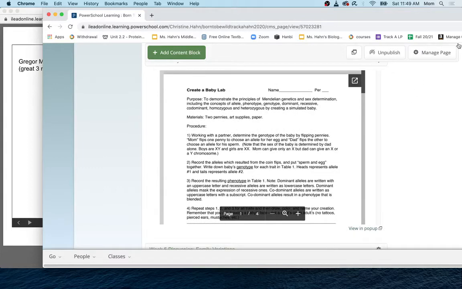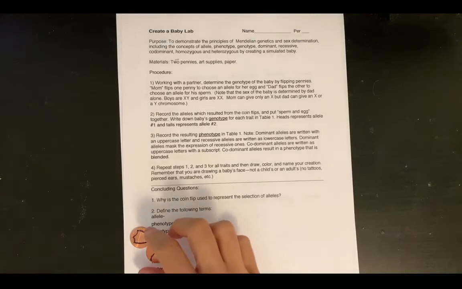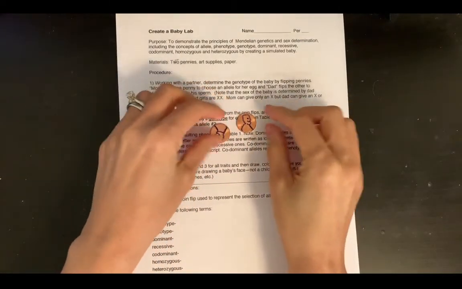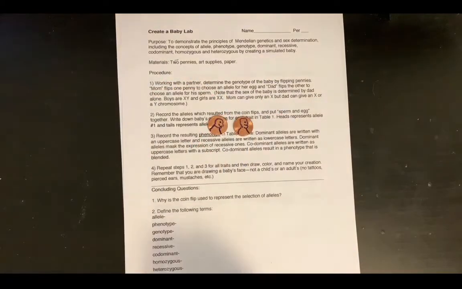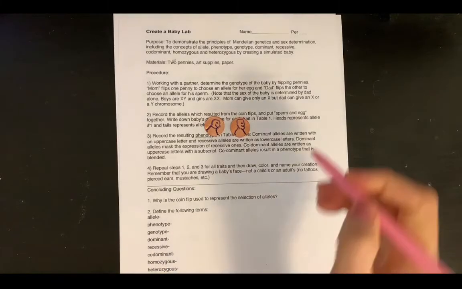Okay, so let's go ahead and take a look at our lab. I'm going to switch over to my camera, and I made my pennies a little darker so you could see the heads and tails clearly in my camera. And first we need to determine the sex of the baby.